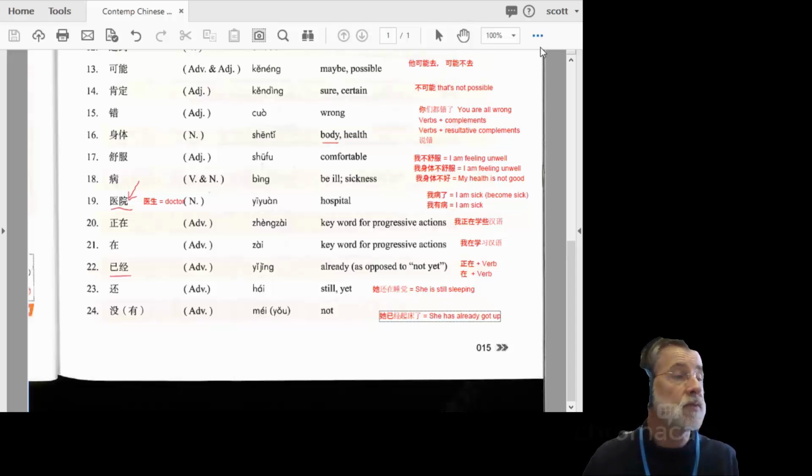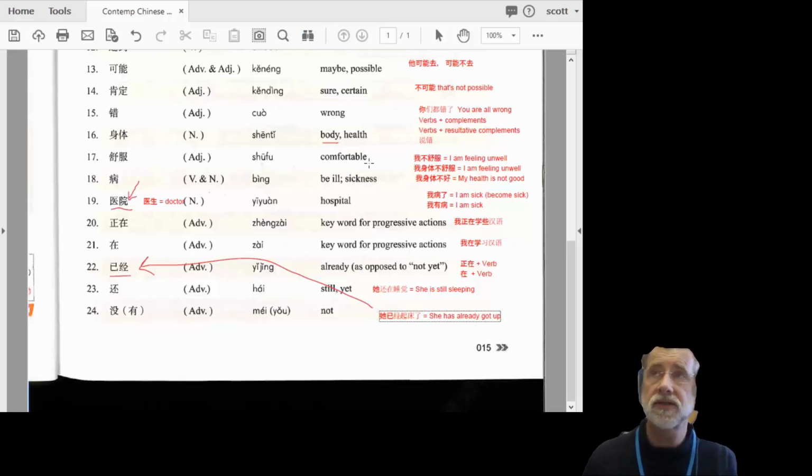Now the last one on here, which I think we probably have already covered in previous lessons, but anyhow, 没, meaning not. I think in the last lesson I asked the question, when do you use 不 and when do you use 没? 没, generally speaking, is used when you're referring to something in the past.